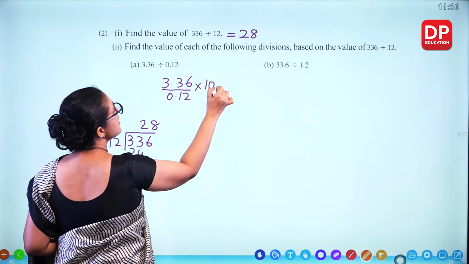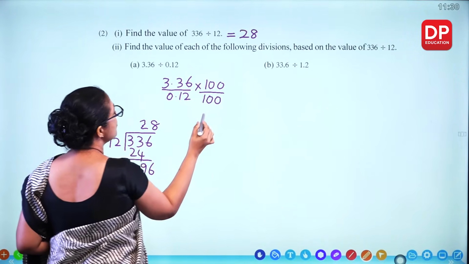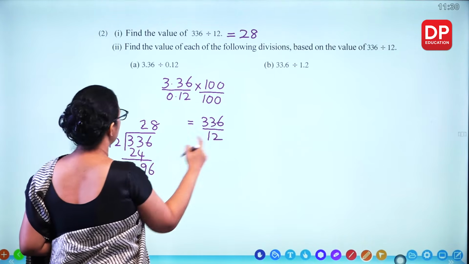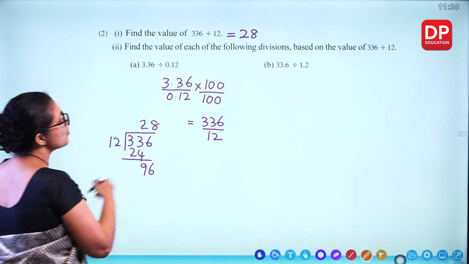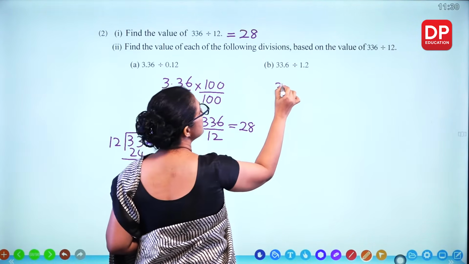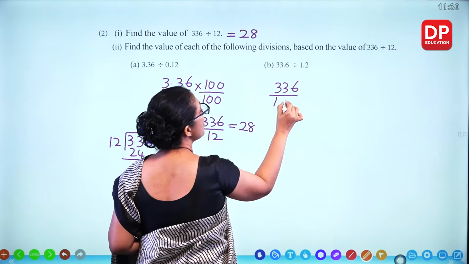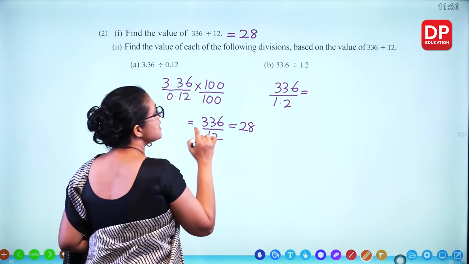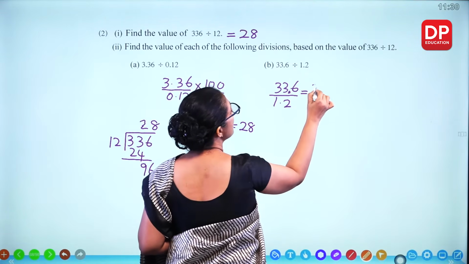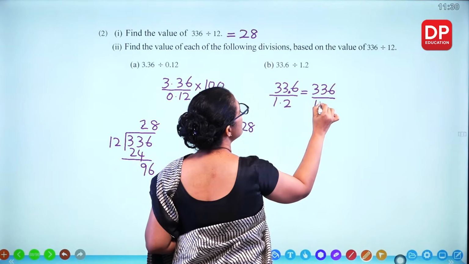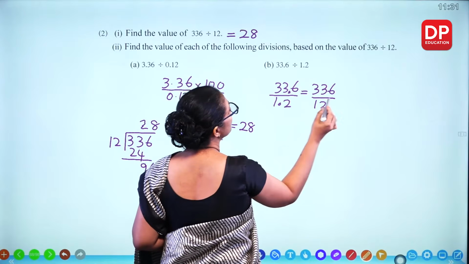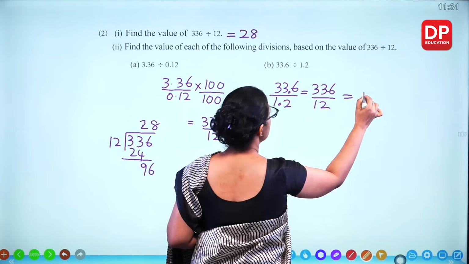Multiply both the numerator and denominator by 100. You get 336 divided by 12. So what is 336 divided by 12? Answer is 28. This one, 33.6 divided by 1.2 means multiply by 10. Multiply by 10, you get 336 over 12. So same thing. Answer is 28.